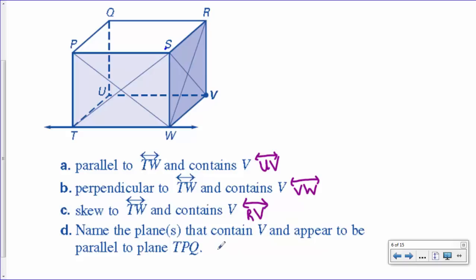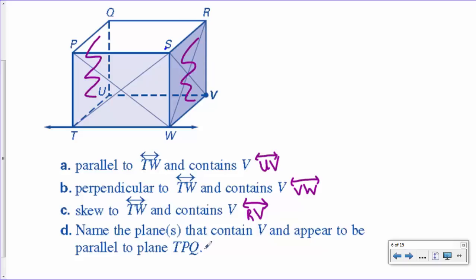Our last example, name the plane that contains point V and appears to be parallel to plane TPQ. Plane TPQ is the side over here. If it contains point V, it would have to be parallel to that plane. It would have to be this one over here.